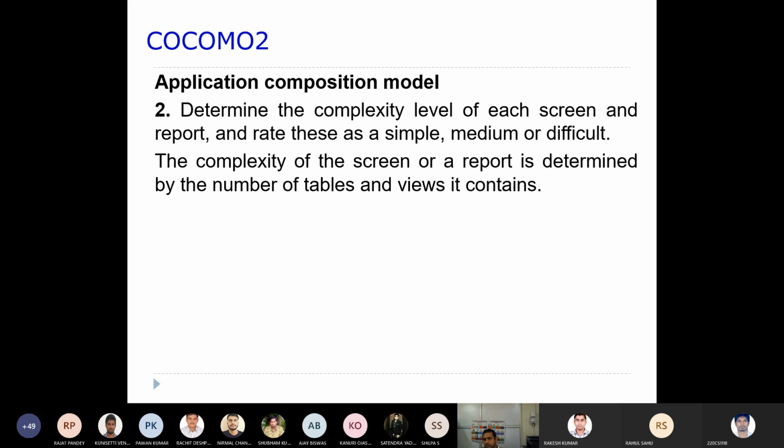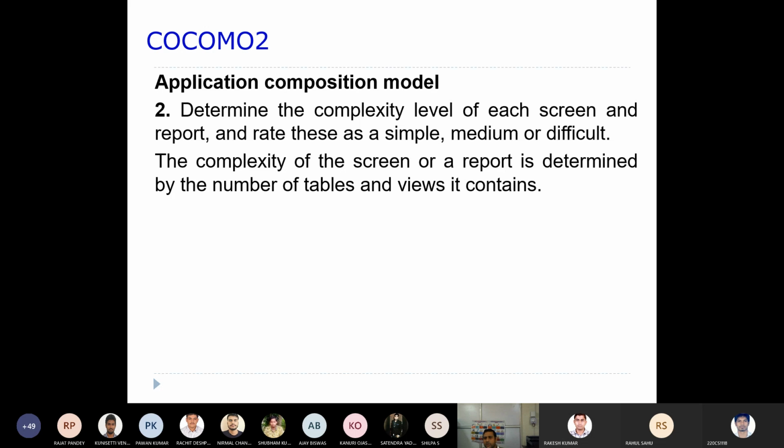Now the second step: you determine the complexity level of each screen, that is, how complex a particular screen is that you are going to develop or that is required for the customer, and the same for each report, and rate these as simple, medium, or difficult.